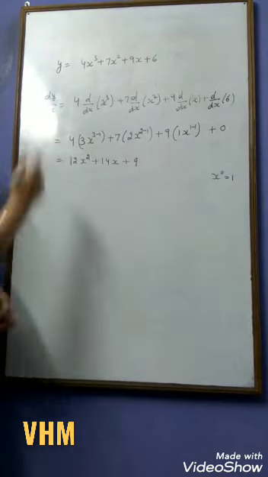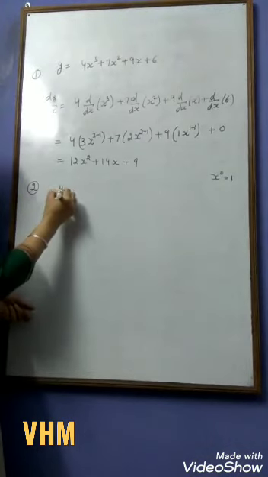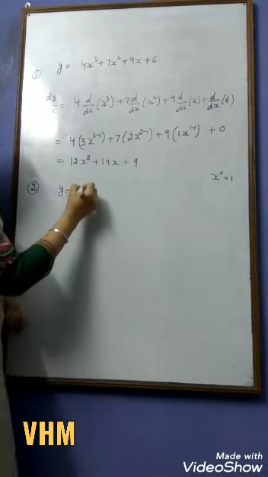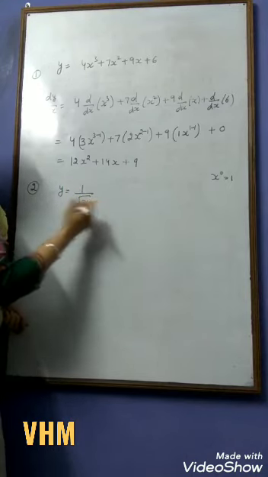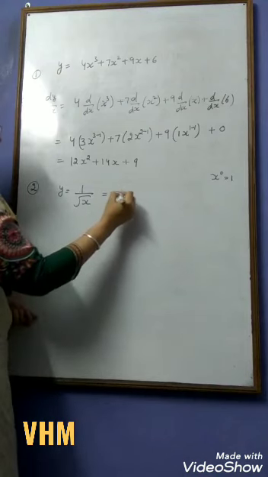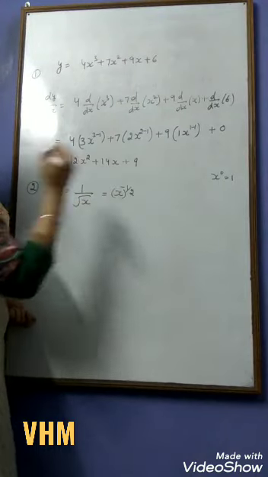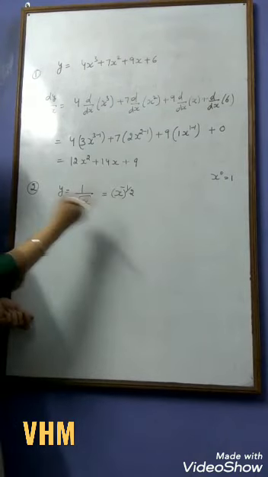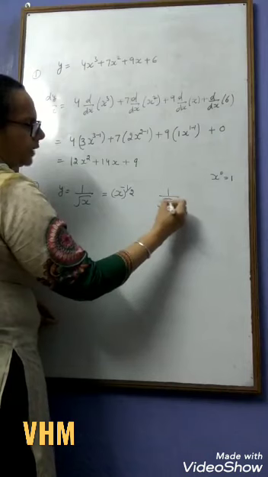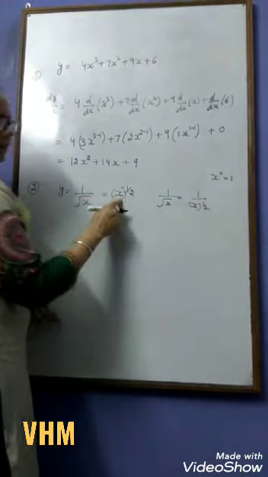Okay, then again, this is the first question. Second one: y is equal to 1 upon under root x. You have to differentiate this. How do you differentiate it? You write it like this, x^(-1/2), because 1 upon under root x means 1 upon x^(1/2), and this can be written like this.